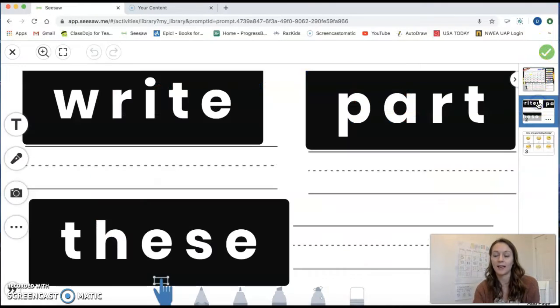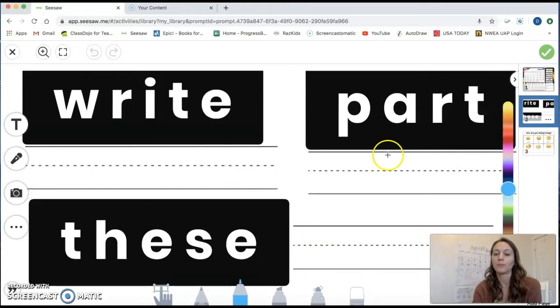Then on the second slide, you have our sight words for this week. Do you remember these sight words? Can you say right? Can you say part? Can you say these? You are going to rainbow write each word. Then you're going to write the word on the line for extra practice. When you rainbow write, you pick a color and you write the whole word in that one color. So if I did part, I would do P. I would also say it as I write it to help me practice how to spell the word part.